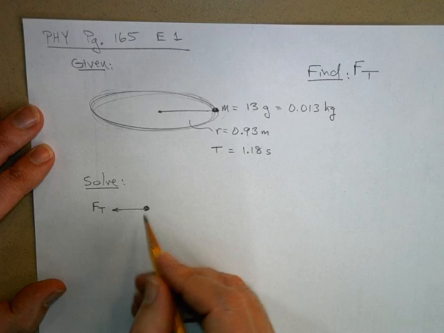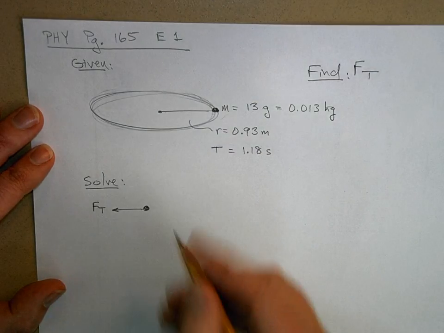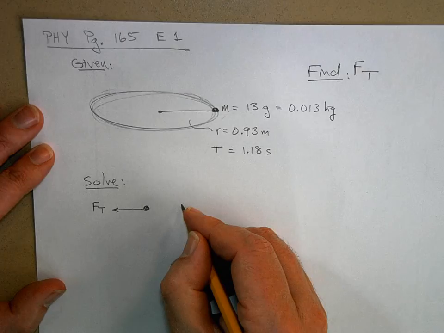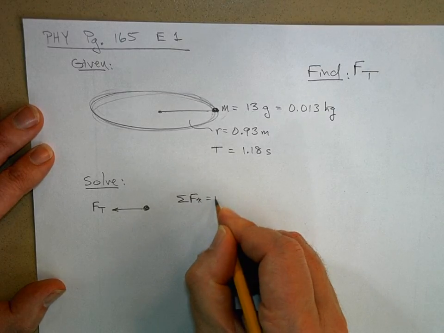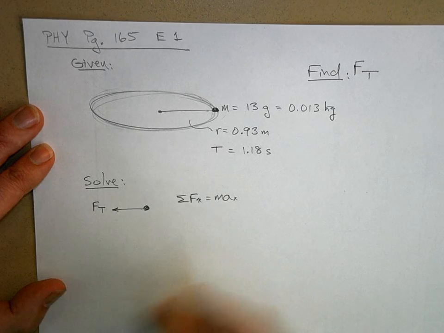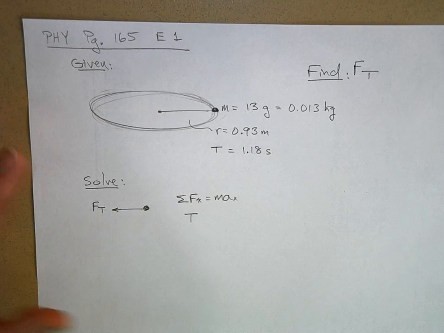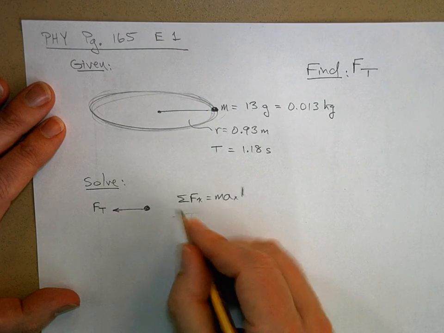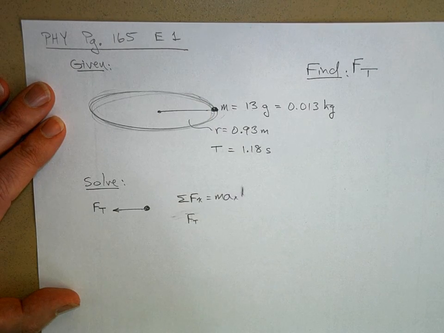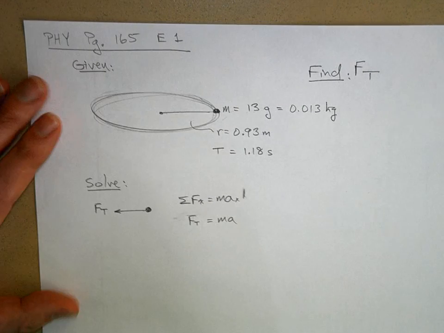If we ignore gravity, and you'll see why we can in a minute, then the sum of the forces in the x direction equals m a in the x direction. There's only one force, the tension force. So the force of tension is equal to m a. It's the only force, so it's causing the acceleration.